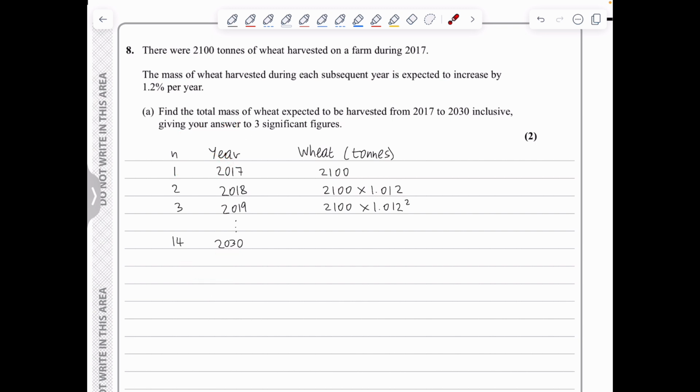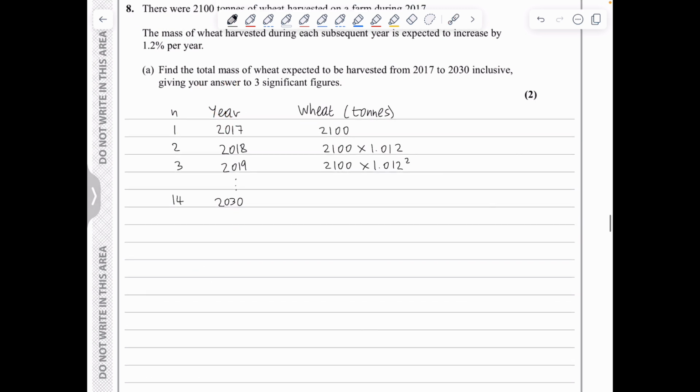We see that this is a geometric sequence because consecutive terms appear in the same ratio. The first term of this geometric sequence is A being 2,100. The common ratio is 1.012, the multiplying factor, and I need to add 14 terms.